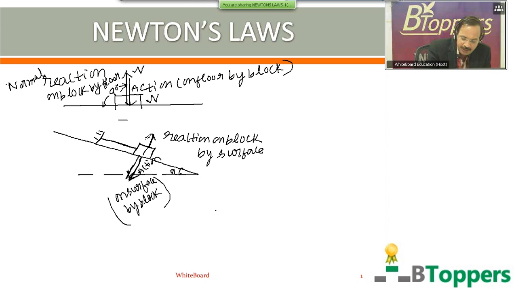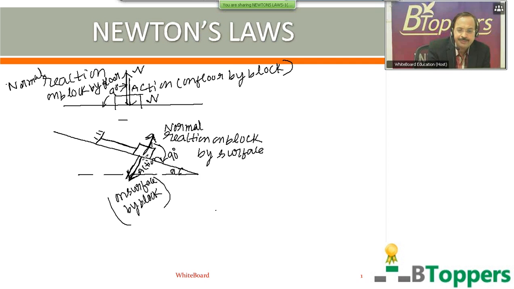This reaction force exerted on the block by the inclined surface, we call it a normal reaction. It is called a normal reaction because it acts normal to the surfaces in contact, meaning perpendicular to the surfaces in contact.